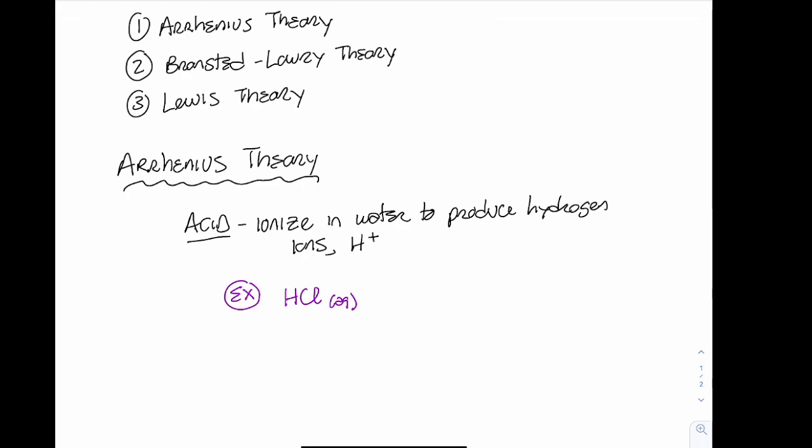Remember, aqueous means it's in water. And then it's going to break apart, and I'm going to form hydrogen ions plus chloride ions, both of those also being aqueous. Because when I put HCl in water, I got H+ as a product, it's considered an acid under this theory.